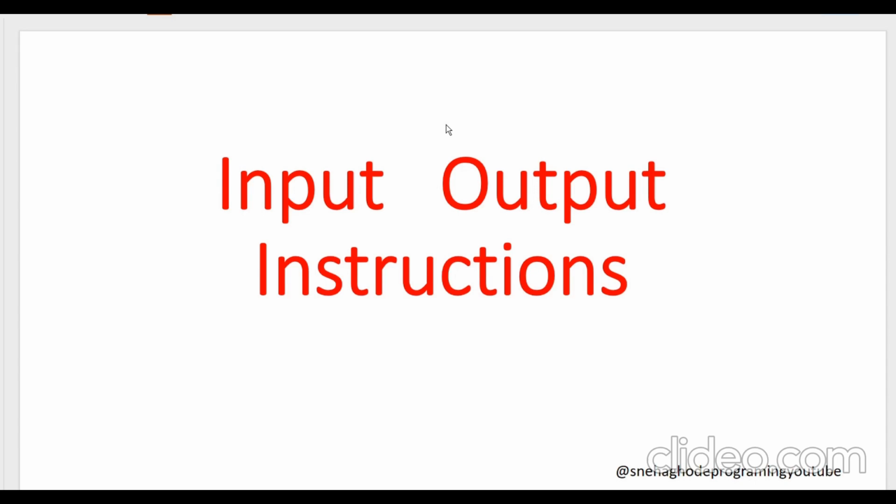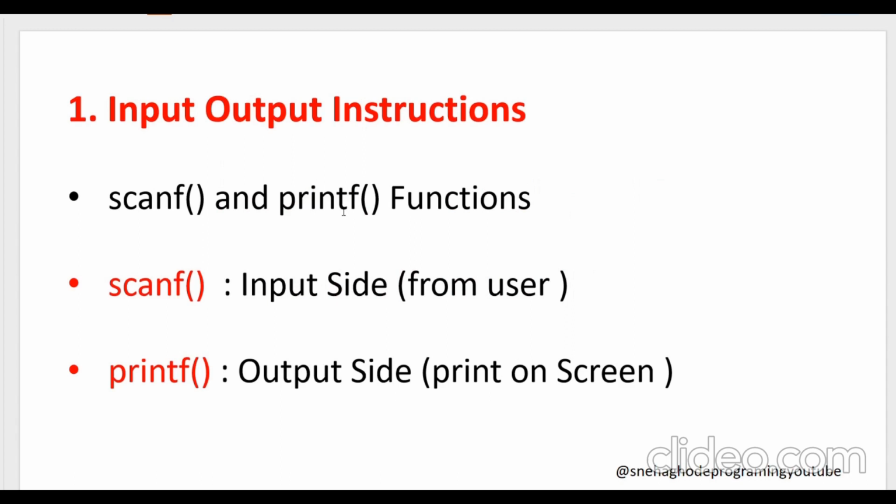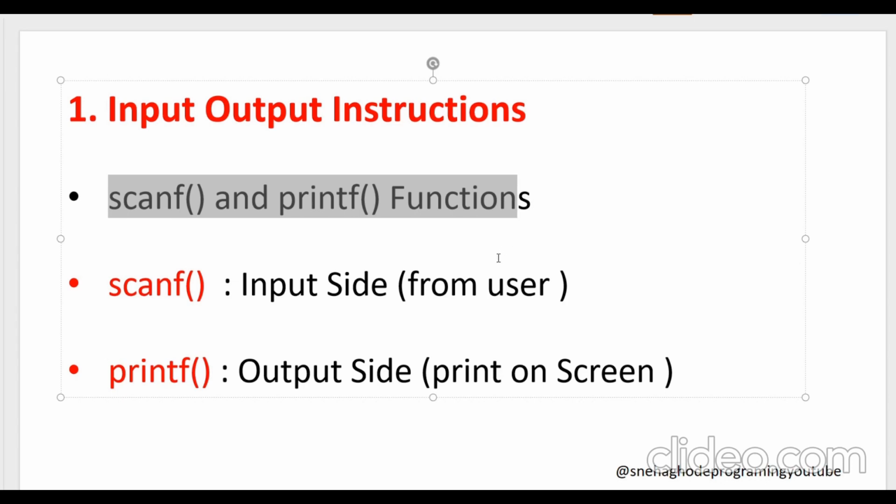The scanf is used to read the input from the user side, and it is stored in a memory location, that is, in a variable. Whatever input we get from the user, we are going to print it on the output screen, or we are going to perform some operation on it and print that output on the screen. So basically here we are going to deal with the scanf and printf functions.